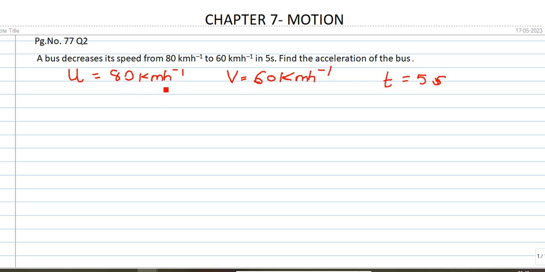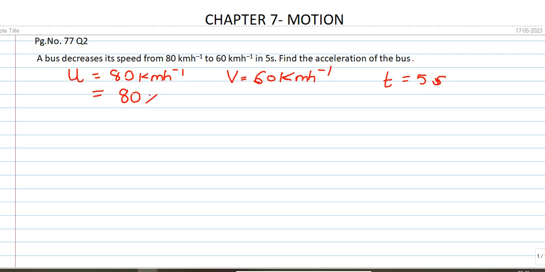We have the velocities in kilometers per hour, but time is given in seconds. So we have to convert this velocity into meters per second. How do we do that? This is 80.